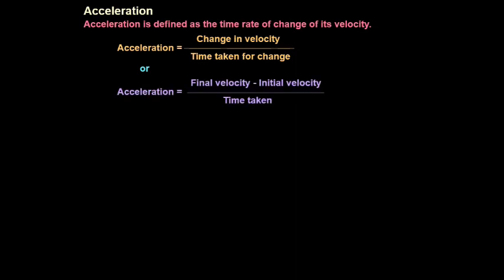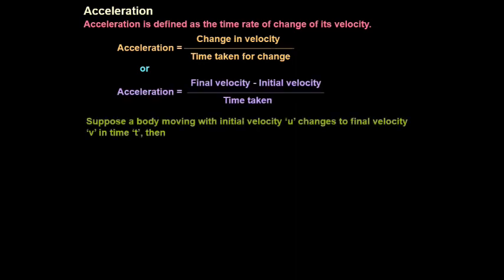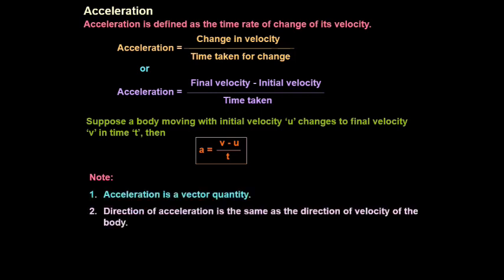Acceleration. Acceleration is defined as the time rate of change of this velocity. So acceleration, change in velocity by time taken. So acceleration is the final velocity minus initial velocity by time taken. Suppose a body is moving with initial velocity u changes to final velocity v in time t, then a is equal to v minus u by t.